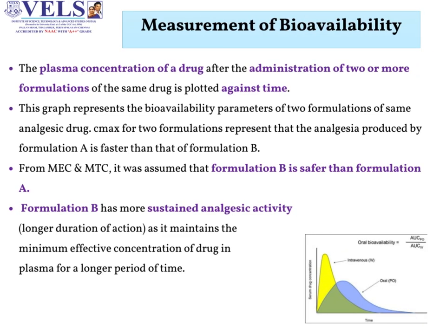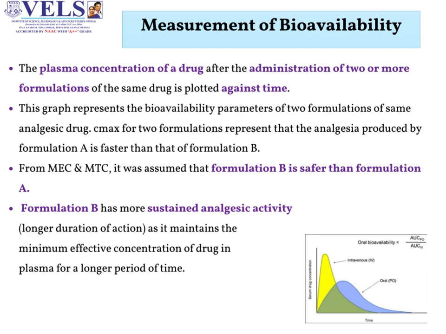Let's see one example for the calculation of bioavailability. Usually, bioavailability is calculated to compare the plasma concentration of the drug against time for any two or more formulations. Here this graph represents the bioavailability parameters of two formulations which have the same analgesic activity.